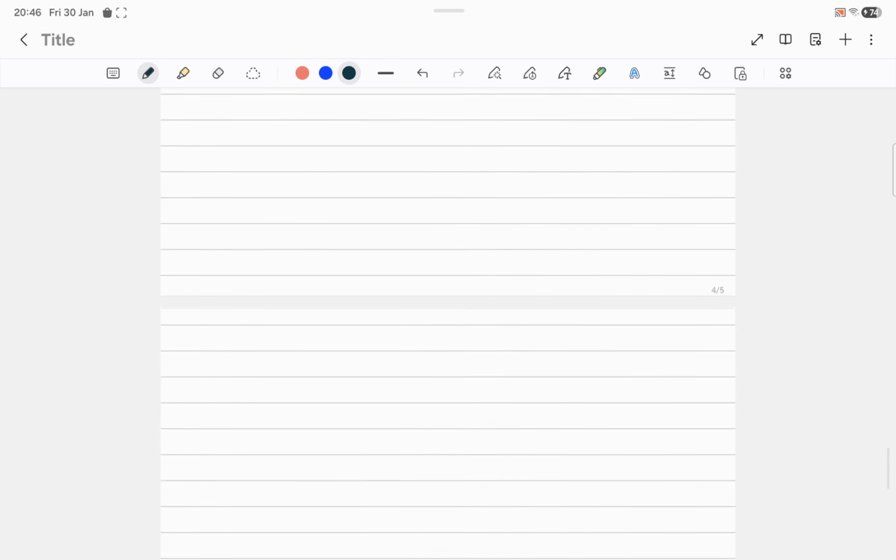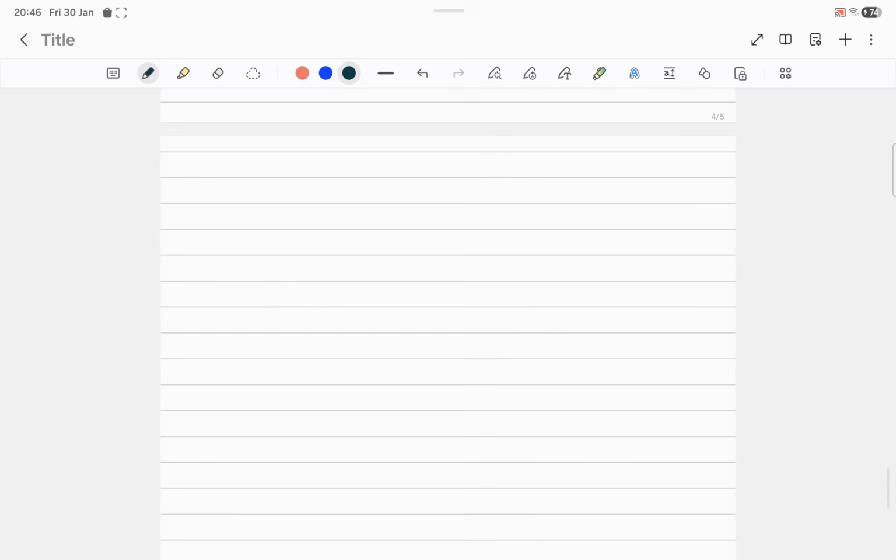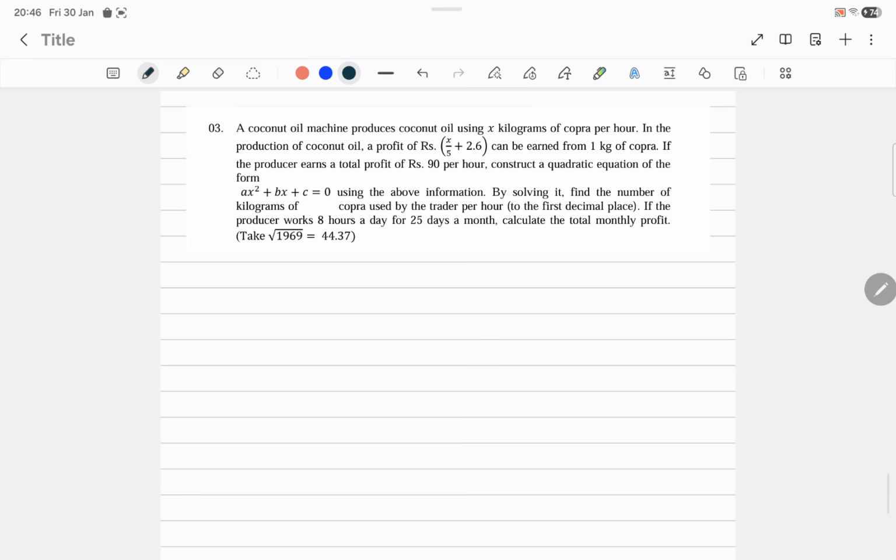So next we'll look at question number 3. A coconut oil machine produces coconut oil using x kilograms of copra per hour.